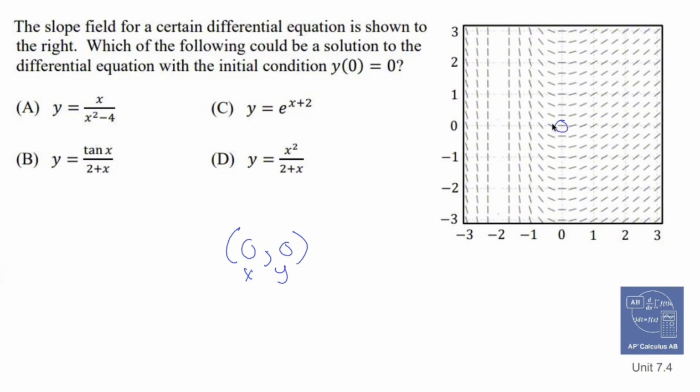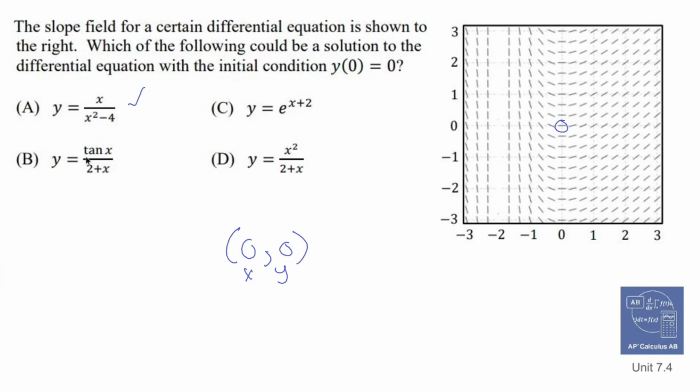What I need to do is look at all of these and see which of these is going to match up if I plug in (0, 0). So I can probably eliminate one or two or maybe even three of them. If I plug in (0, 0) here, I get 0 over -4, so that checks out so far, so A is an option.